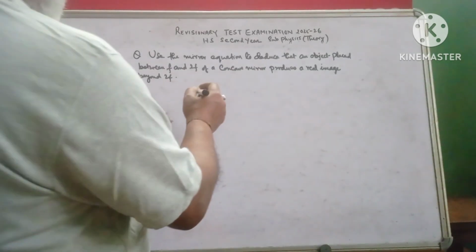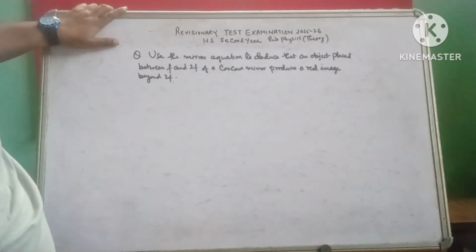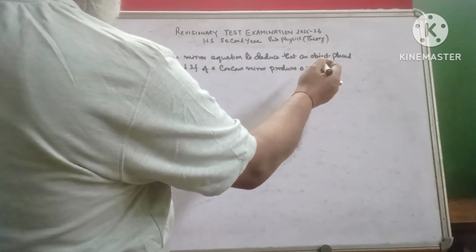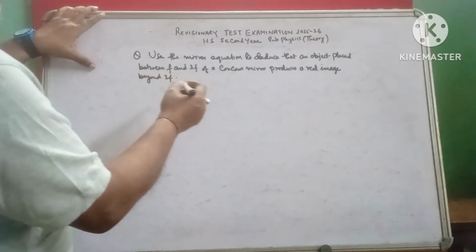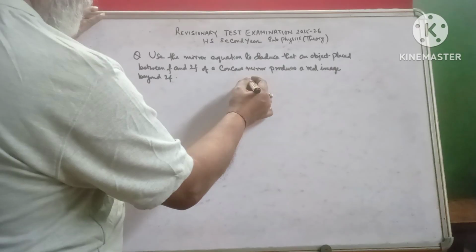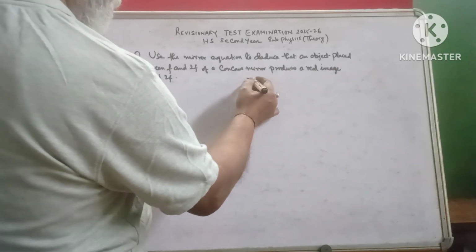Now here is a question: use the mirror equation to deduce the image for an object placed between F and 2F. Concave mirror, this is your concave mirror.